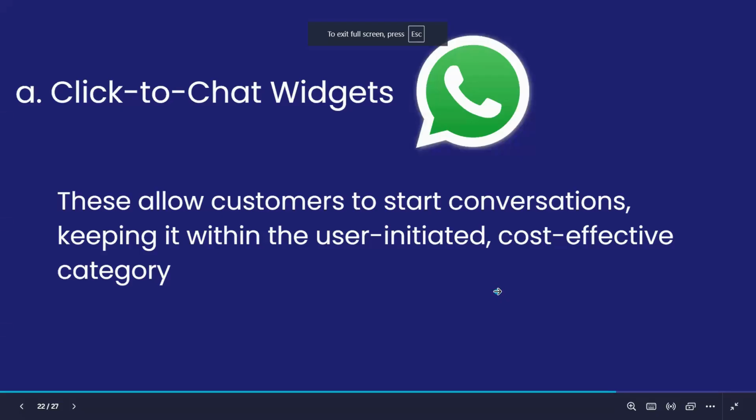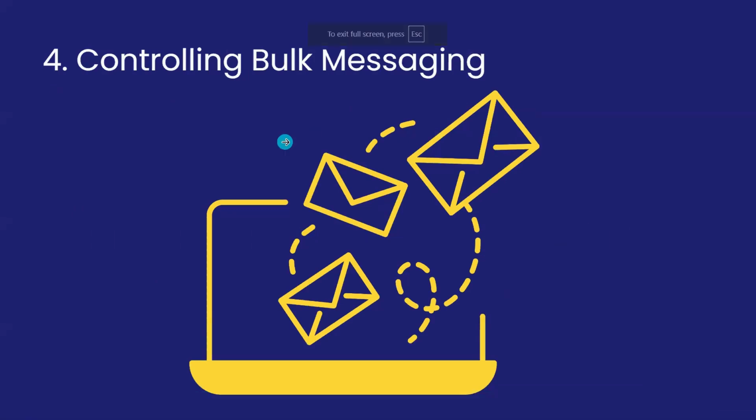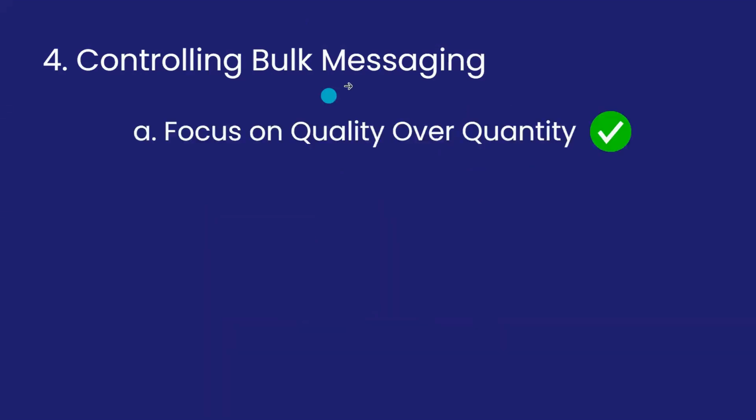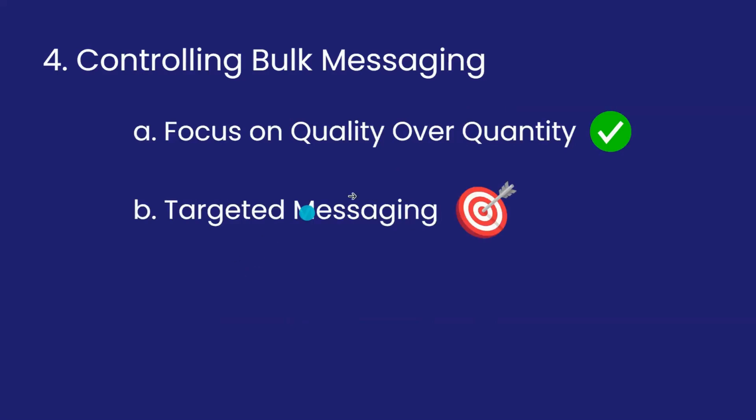Right? And then moving further, controlling bulk messaging. As a business, you might have an entire customer list, and if you're sending exactly the same message to all the users without personalization, then there are very high chances that the message delivery rate will decrease, and the engagement will also decrease. So to avoid that, you can send targeted messages.